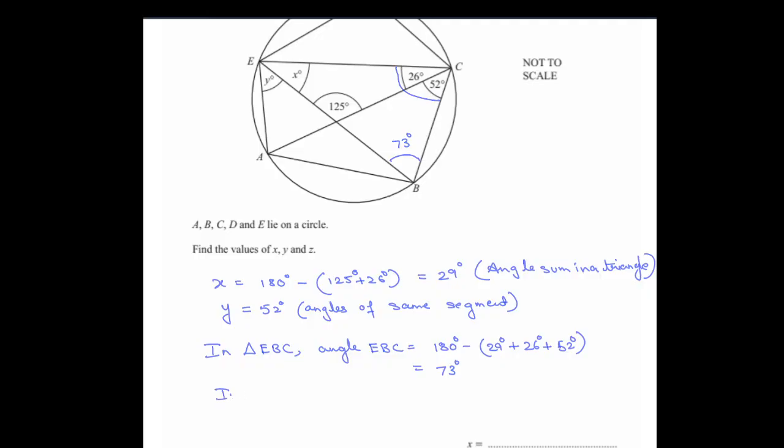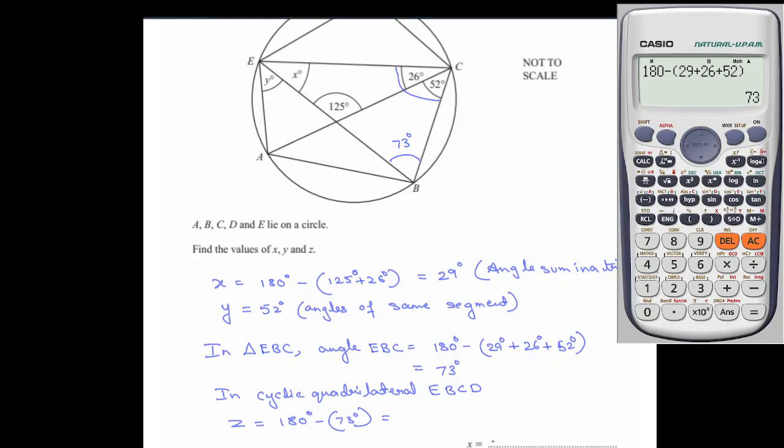So in cyclic quadrilateral E, B, C, D, Z is equal to 180 minus 73, 107.